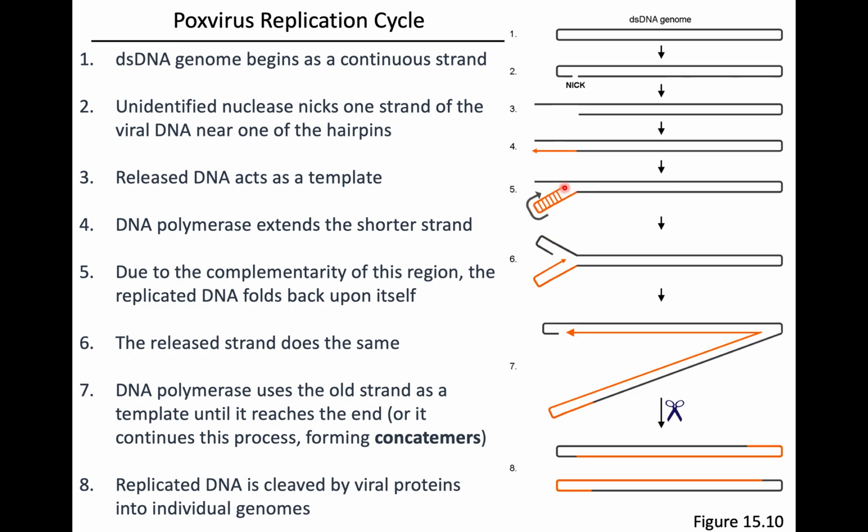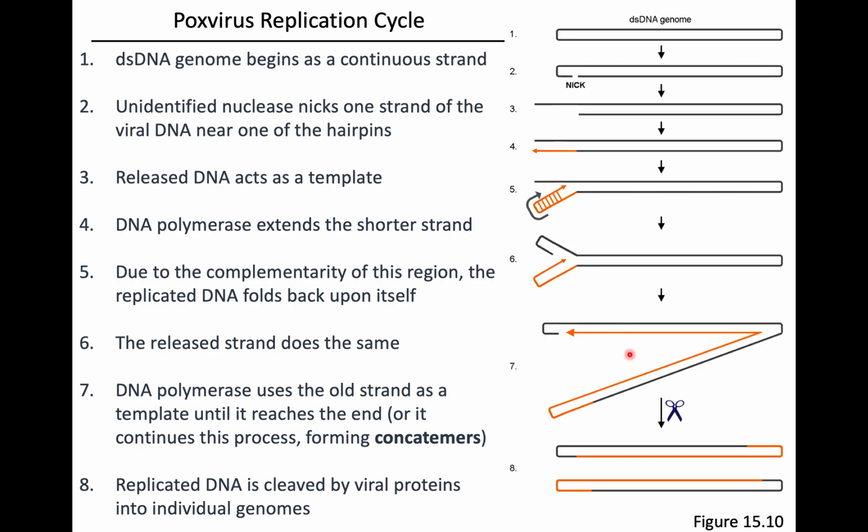As it folds back, the DNA polymerase is pointed back towards the double-stranded DNA, and it will move through, unzipping and replicating as it goes. You'll notice the other overhang also forms a hairpin loop. So we basically replicate all the way back through this double-stranded DNA until we come to the second hairpin there.